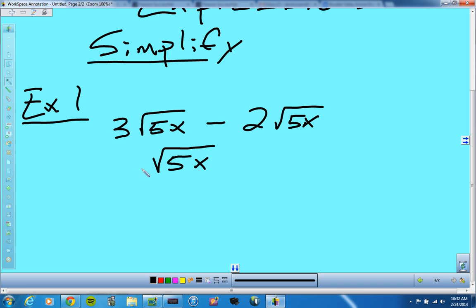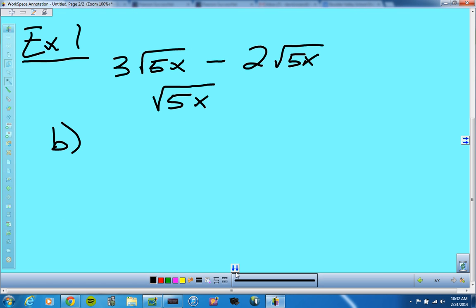Square root 5x. If it helps you to put the 1, because what we're doing is 3 minus 2, you could put the 1, but you don't need to. Alright, so that's it. Let's say a couple quick, easy examples involving that stuff.